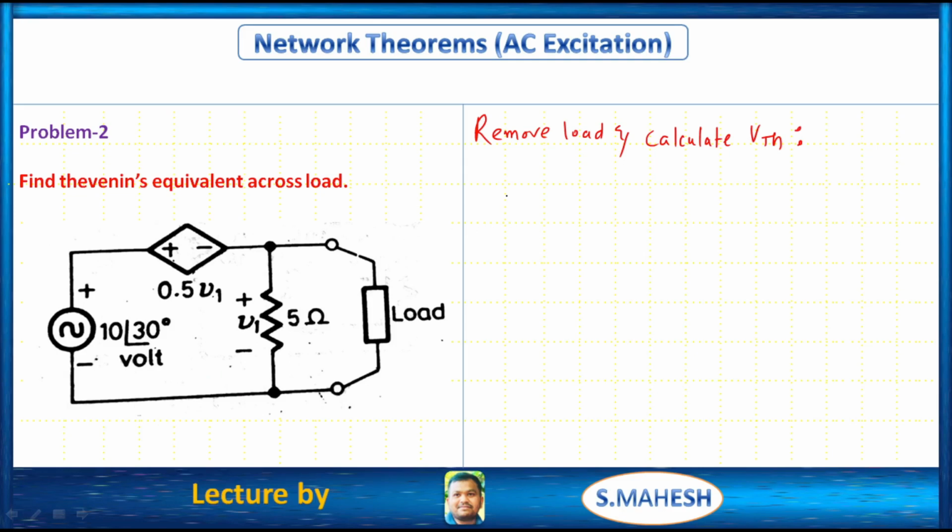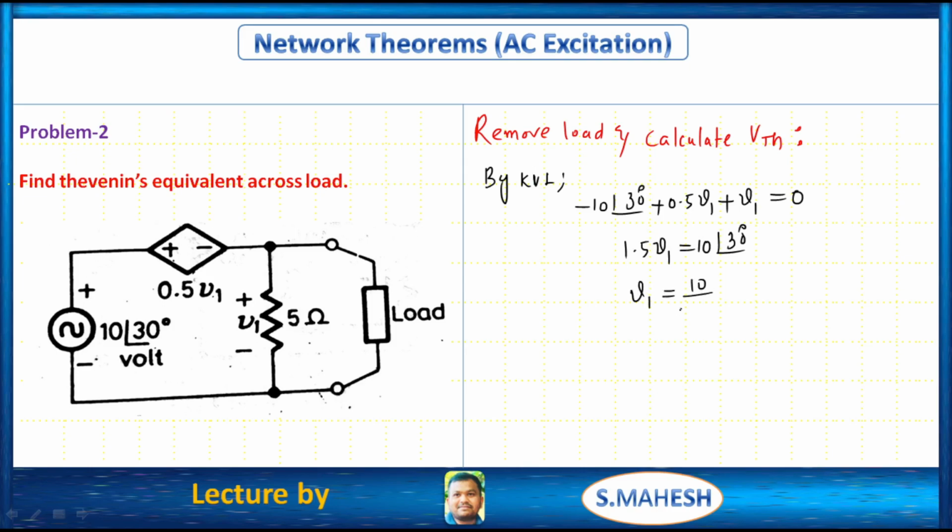By applying KVL, we have minus 10 at an angle 30 degrees plus 0.5 V1 plus again V1 equals 0. Therefore, 1.5 V1 equals 10 at an angle 30 degrees. So V1 equals 10 by 1.5 at an angle 30, which is 6.67 at an angle 30.